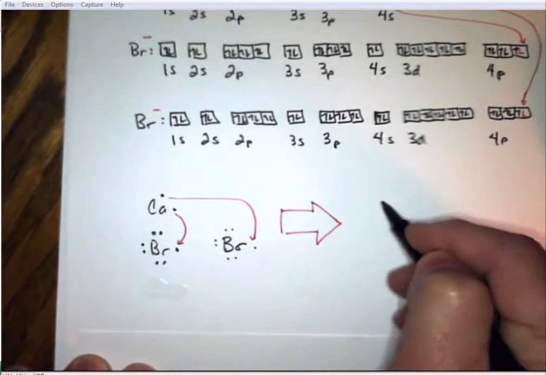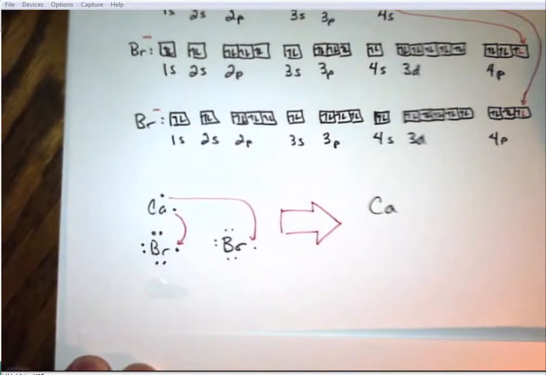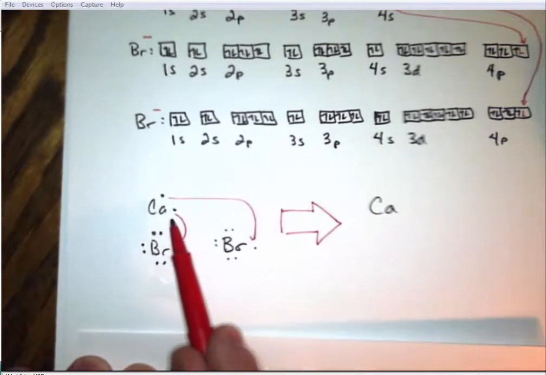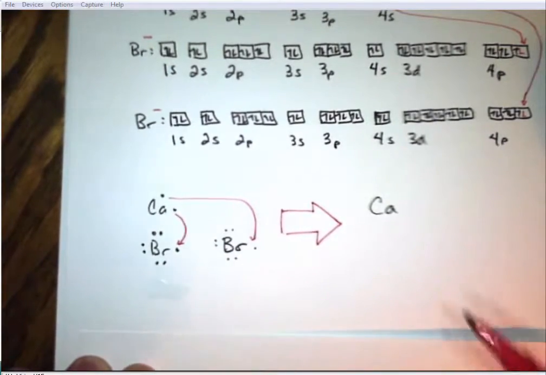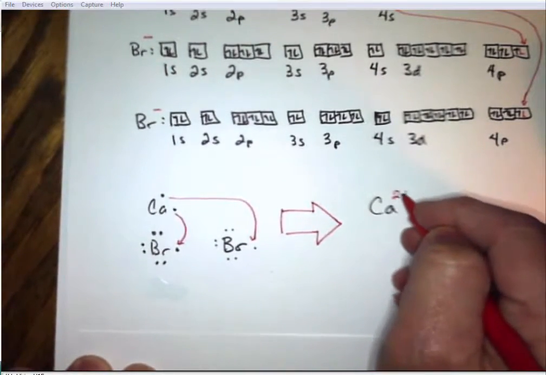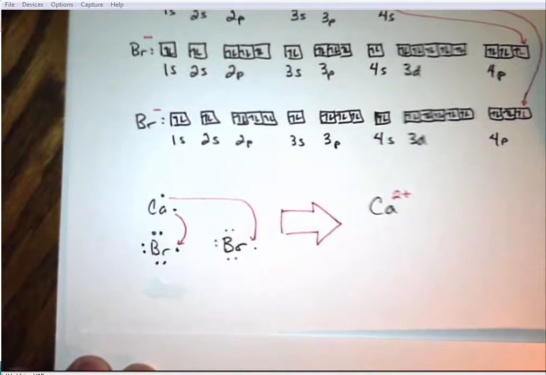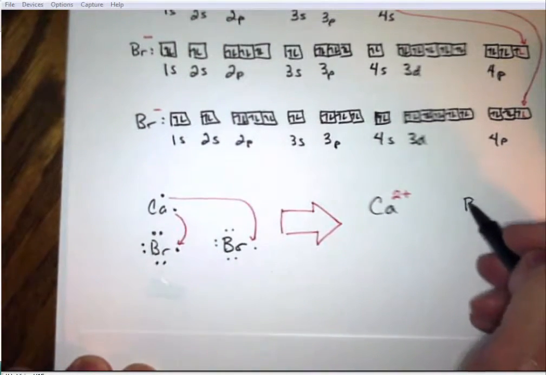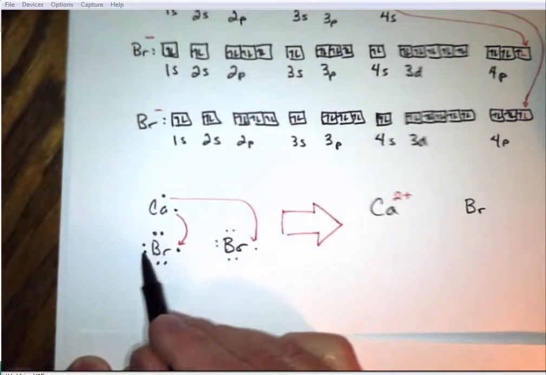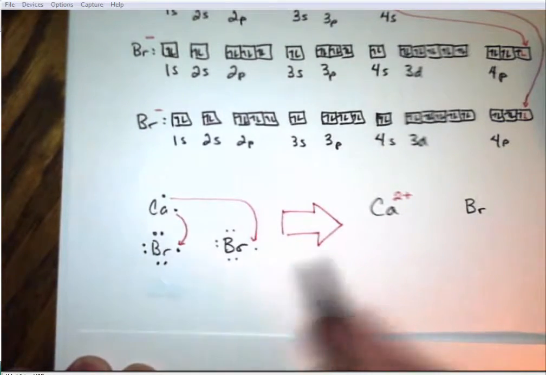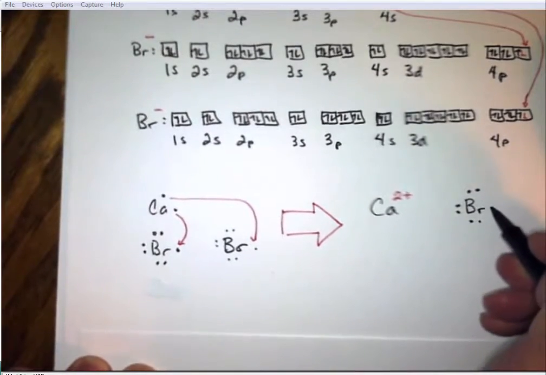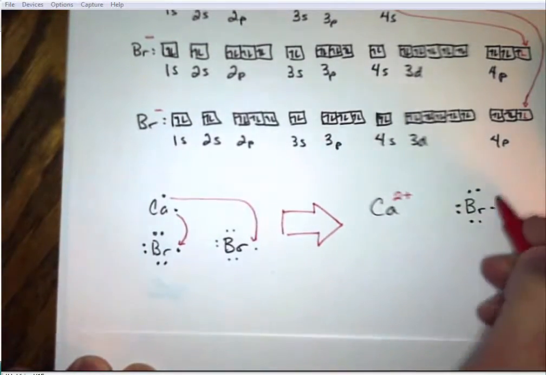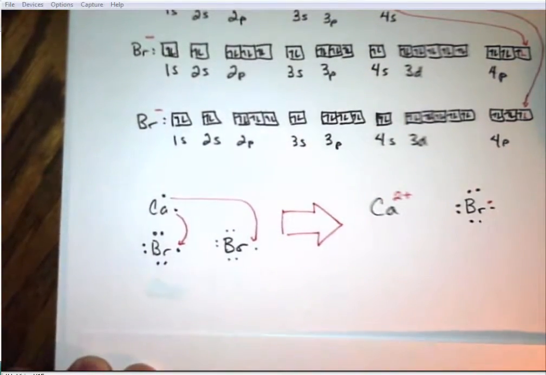So now calcium has lost both of its electrons. We're not going to draw any electrons on there, but it has 2 extra protons now because it got rid of those 2 electrons. That means it has a 2+ charge. And now I've got 2 bromines. Each bromine now has not just the 7 electrons it started with, but an extra one. I'll make this extra one red just so you can see it clearly.